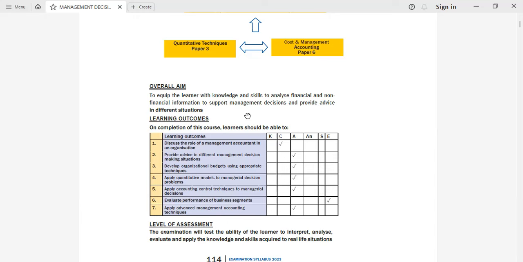You can see that even "different situations" has been bolded. The implication there is that MDC is about the aspects or scenarios that we are going to be looking at. We are looking at real life situations, the things that are really happening in the day-to-day organizations.